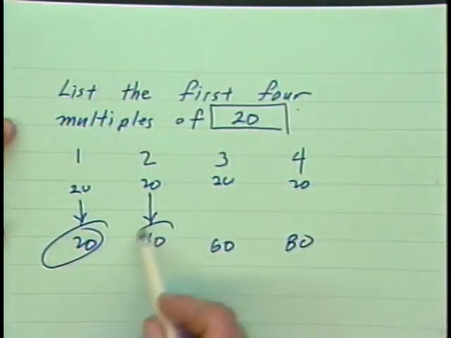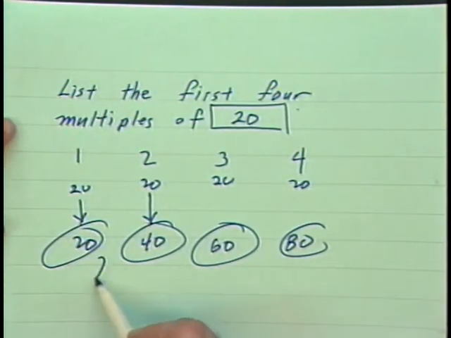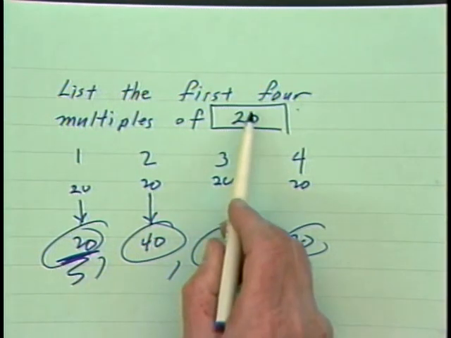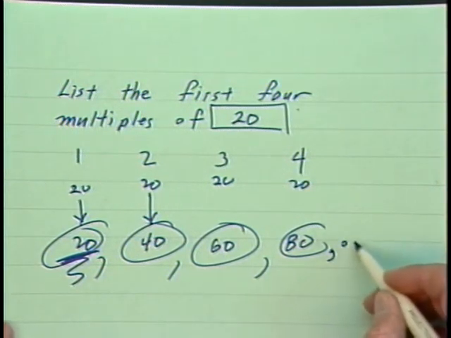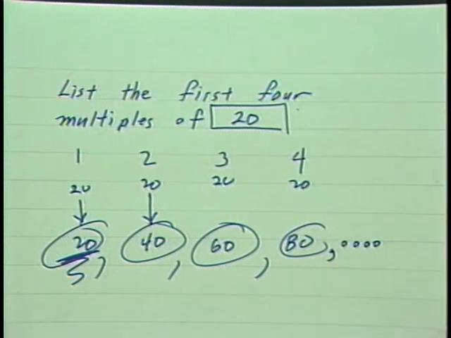So these are my first 4 multiples of 20, and of course 20 itself is a first. And furthermore, and this is important to our future lessons, this list goes on forever. It's an infinite set of numbers.